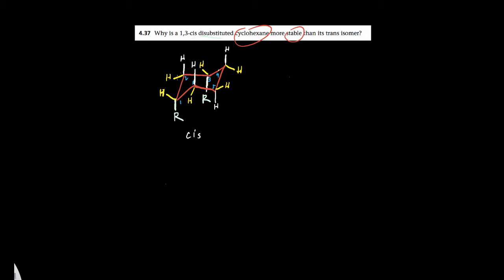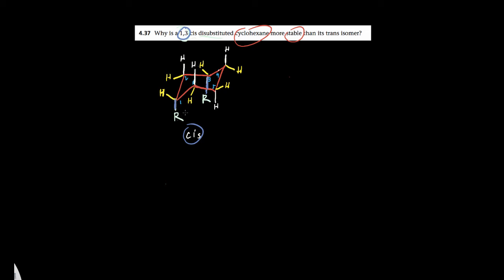So 1, 2, 3, cis 1,3. So this tells us that it's a 1,3 disubstituted cyclohexane. So at 1 and 3, the R groups are both down. That's indicating that they're cis. They're both on the same side. Cis means same. If you think about the ring as being roughly a plane, the 2 R groups are on the same side.